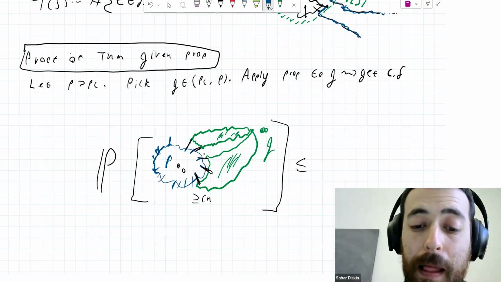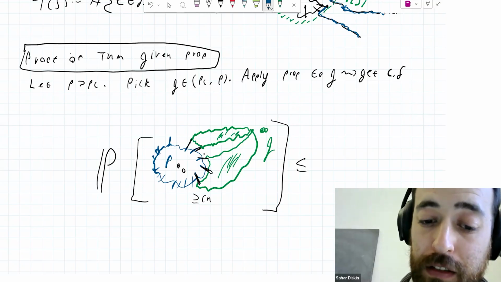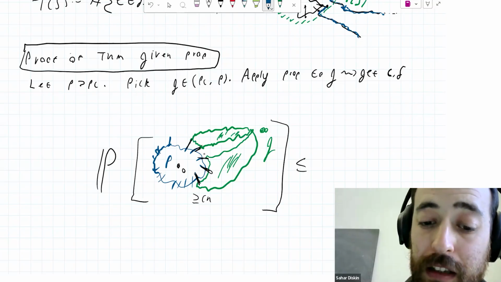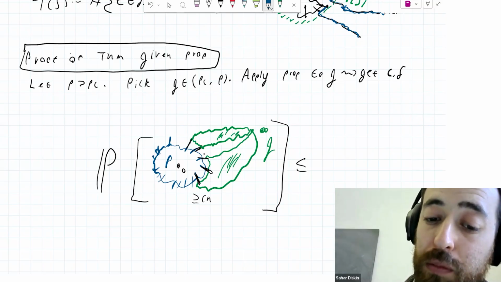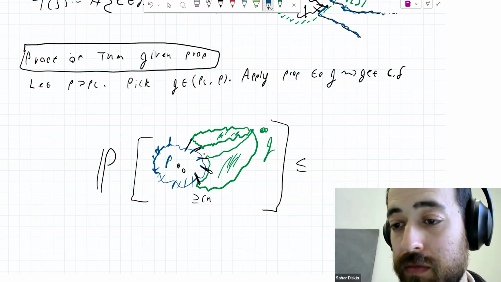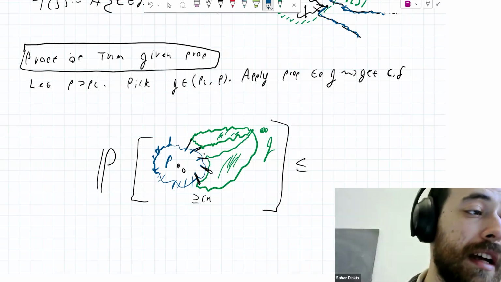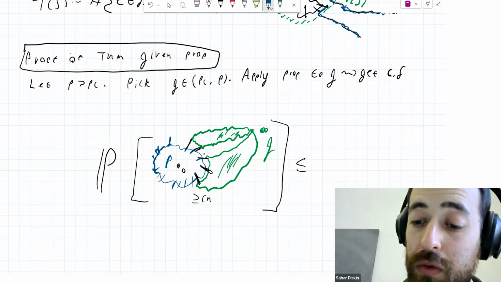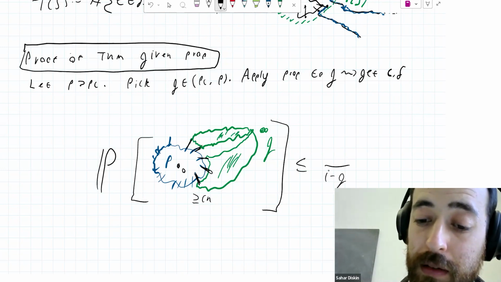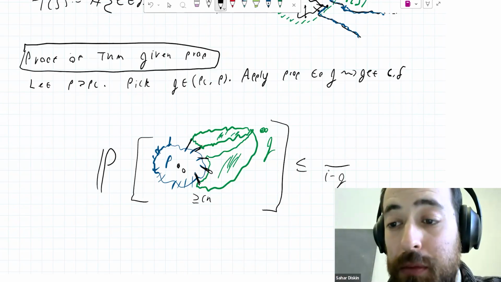And now, for this component to remain finite, for C0, for the component of the origin to remain finite, all of these edges have to be closed under P percolation, correct? Now, we have here Cn edges, and we know that they are closed under Q percolation. But now I'm continuing this exploration with P, and I want them to remain closed.